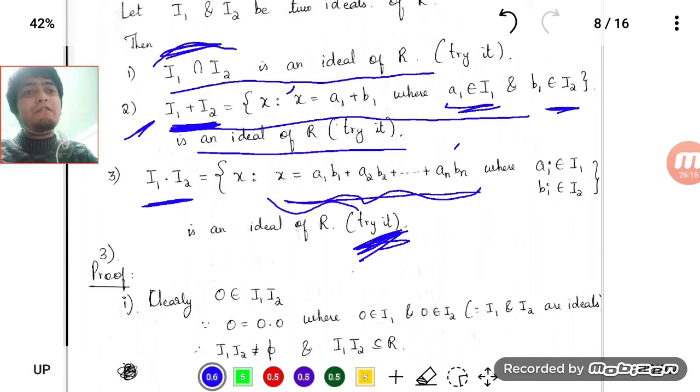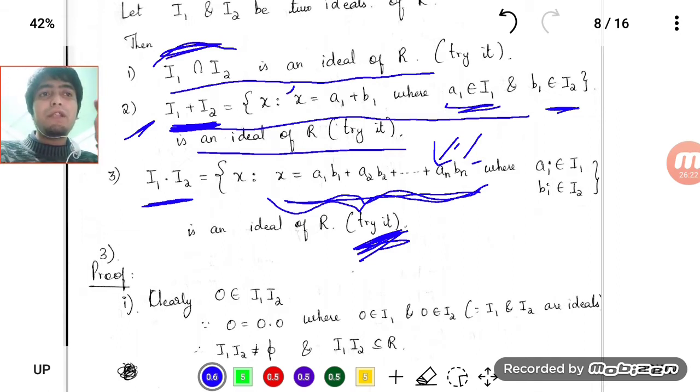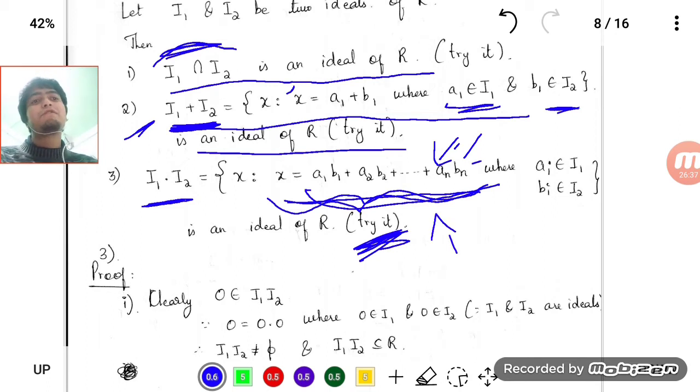Even though I'm writing it as up to an bn, what we are doing here is that this sum should end in a finite number of steps. Just like over here it ends in n steps. It may end in 3 steps also, then x will be in I1 I2. If it ends in 2 steps also, it will be there.